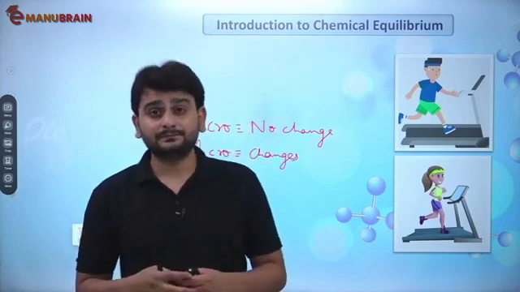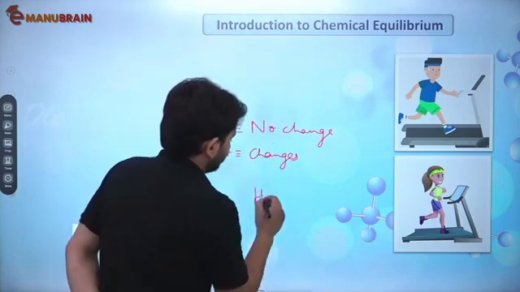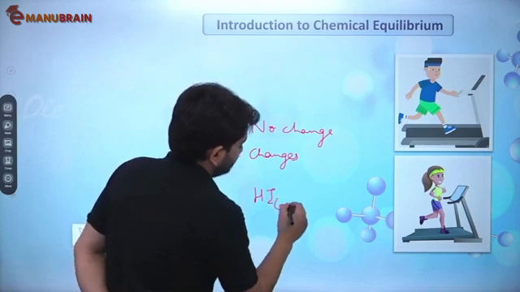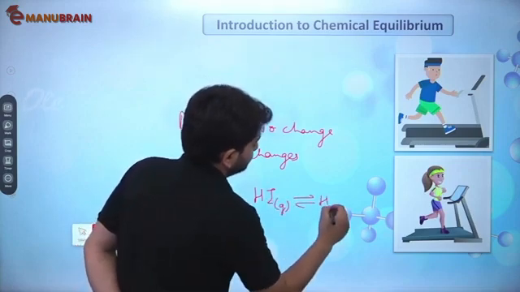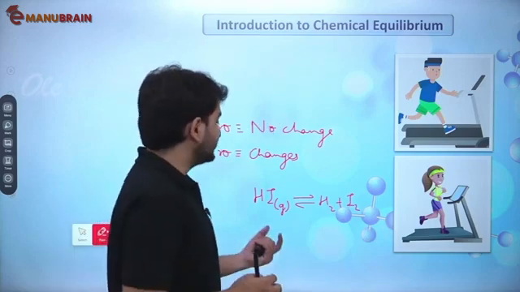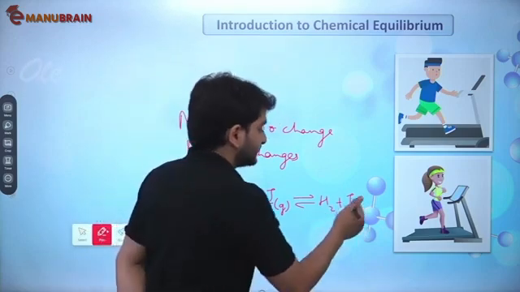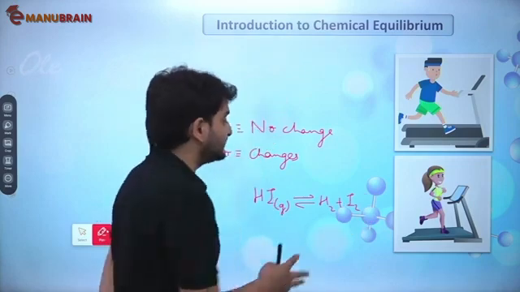For example, let's say HI in the gaseous form dissociates into H2 and I2. Initially, because of the formation of I2, which is violet in color, you'll see violet vapors.